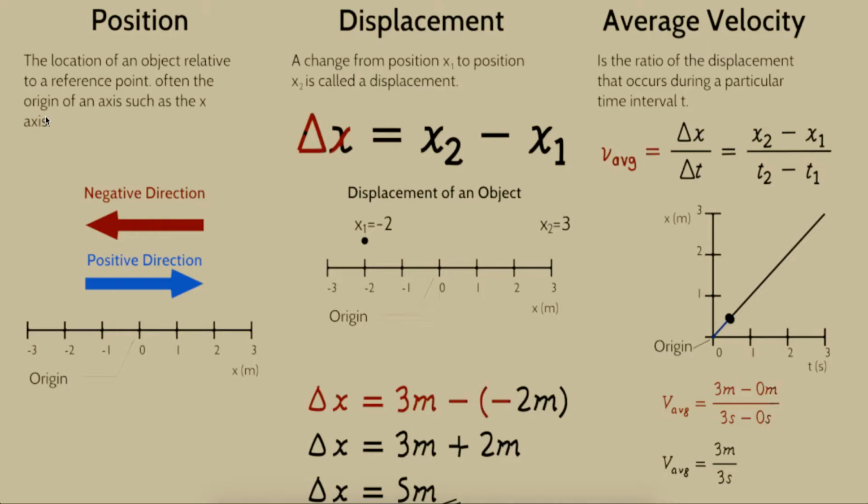So the first one's position, and position is just the location of an object relative to a reference point. We usually take an axis like the one I have here, and its scale, and in this case I think I have determined that these are meters, right? This x-axis is in meters.